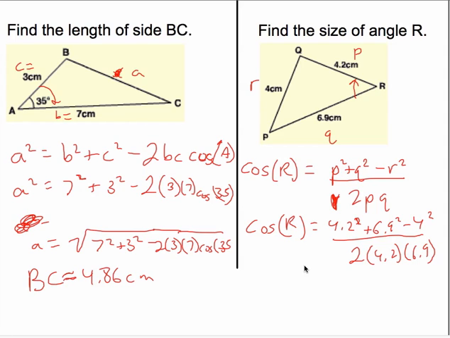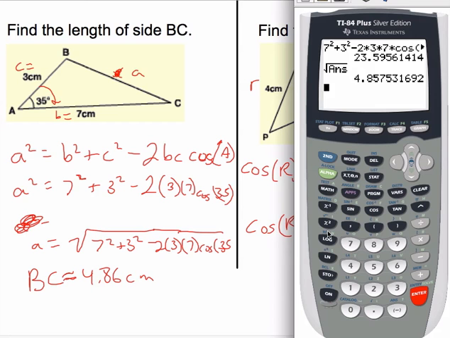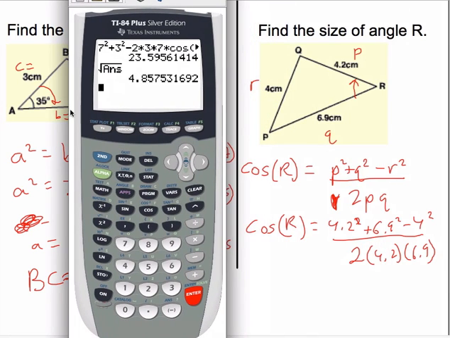Alright, so let's just work that on the calculator. I'm going to make it look exactly the same as that, using alpha and then y equals, and I get the fraction function there.